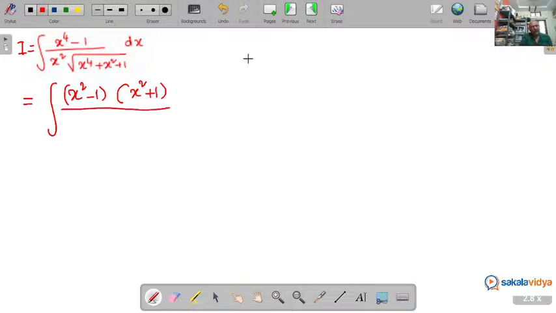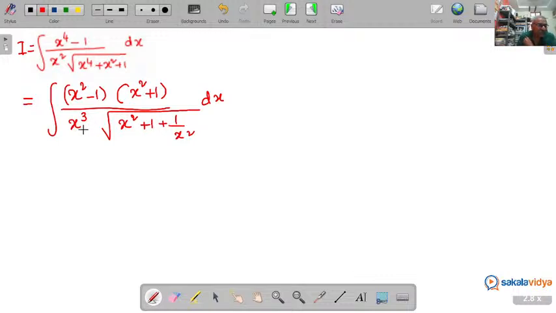So my dear students, from x to the power of 4 plus x square plus 1, take x square common. Square root of x square is how much? X. So this becomes x cube. This we can write under root of x square taken out, (x square plus 1 plus 1 upon x square) dx. So now split x cube as x and x square.